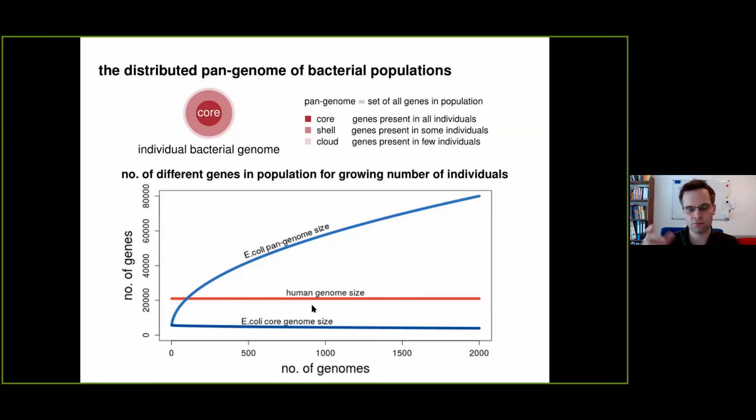Of course, you find single point mutations and variations of the same gene, but basically all humans have the very same genes. In contrast, if you look at the E. coli genome, then for each new E. coli cell or strain you sequence, you'll find a few more new genes you haven't observed before. And this diversity and this distributed genome is called the pangenome in bacterial populations.